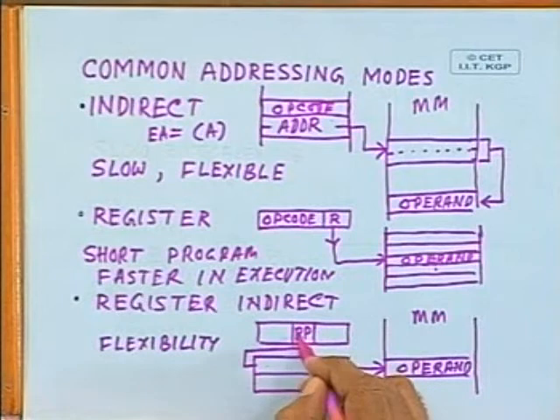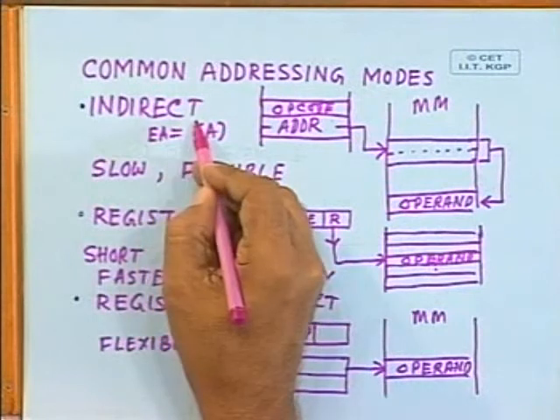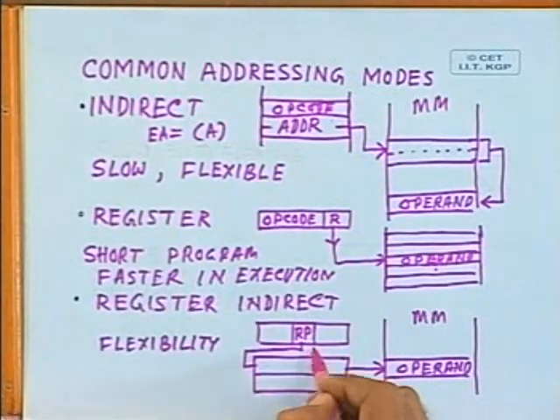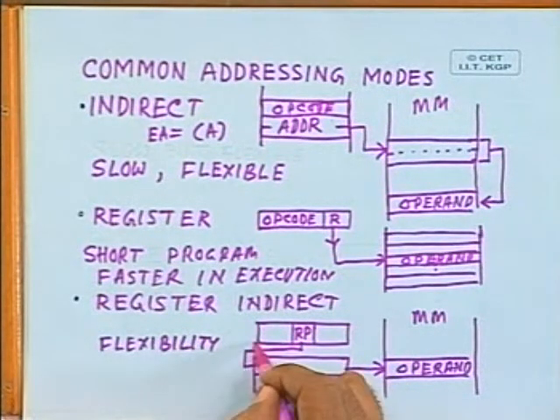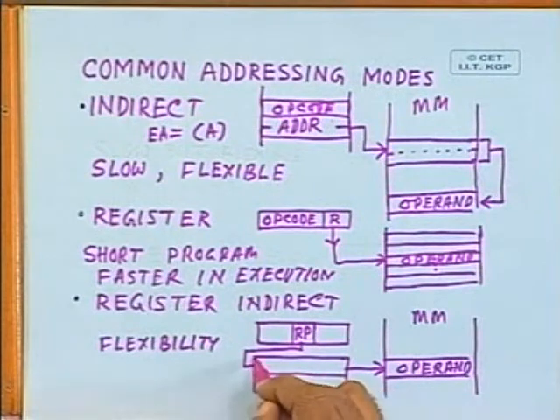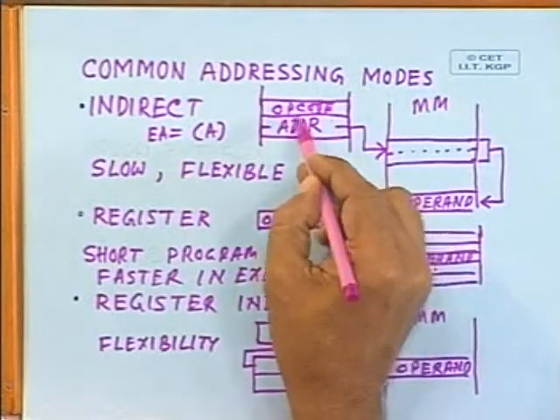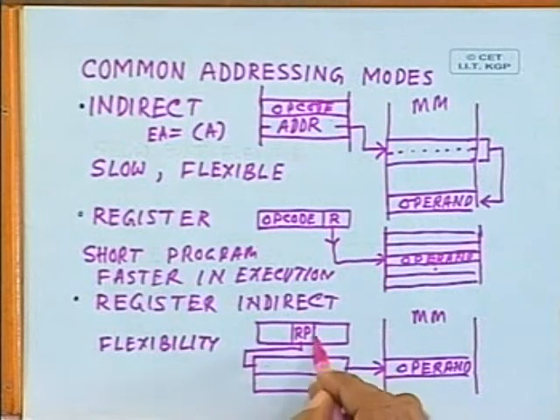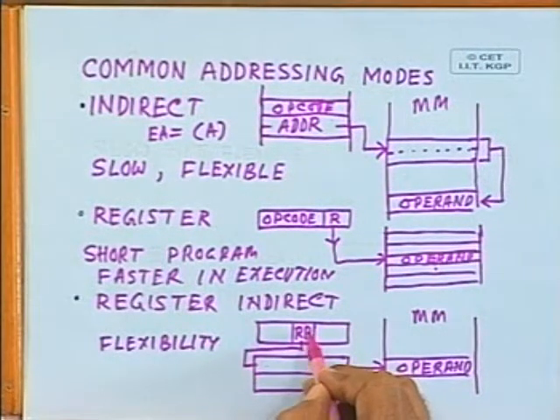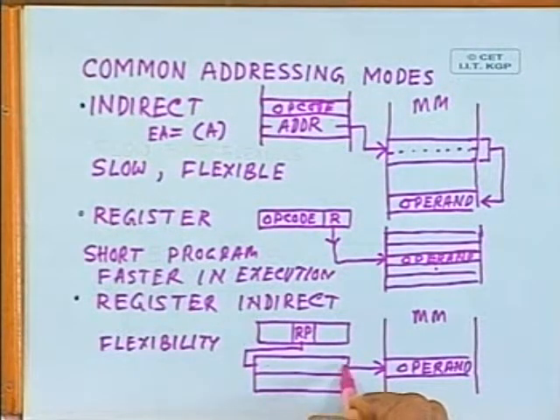Obviously, this register indirect mode of addressing is faster than this simple indirect addressing mode, because you don't have to read the register pair. It is provided as part of the instruction, and this register pair is also part of the CPU. Earlier you were reading this address, then this address, then getting the operand, but here you will not require any additional memory cycles to read the register pair or the address from the register pair, because these are part of the CPU or the microprocessor.